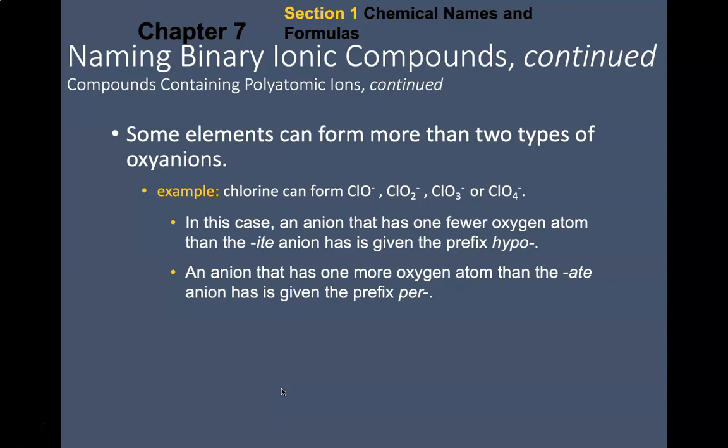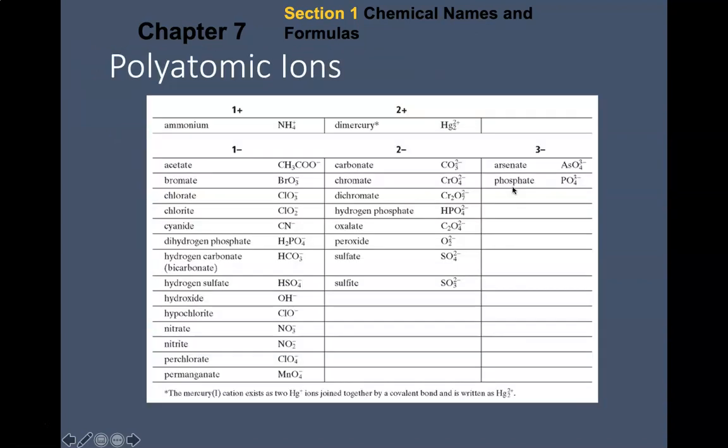Hypo means 1, so hypochlorite is going to be the one that has 1 oxygen in it. In this case, we add the chlor- because that's the actual nonmetal that's involved that isn't oxygen. So hypochlorite. Then we move over to chlorite, then chlorate because we're gaining in oxygens, and finally we end with perchlorate, which is the one that has the most oxygens.